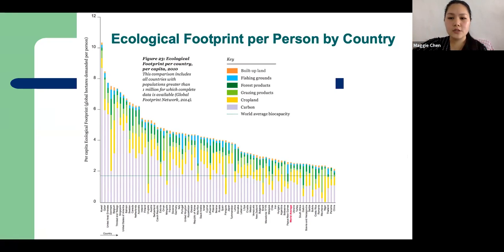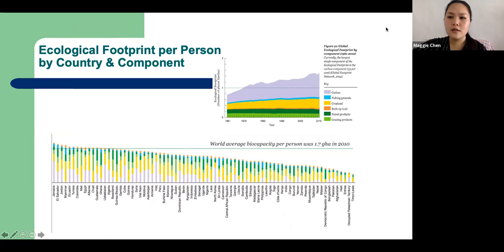This chart is for highly developed countries, but now if we're looking at developing countries, we can see that their ecological footprint is a lot lower. The amount of carbon is generally a lot lower, and more of their ecological footprint is things like cropland, so farming, agriculture, fishing grounds, and then forestry and grazing products.